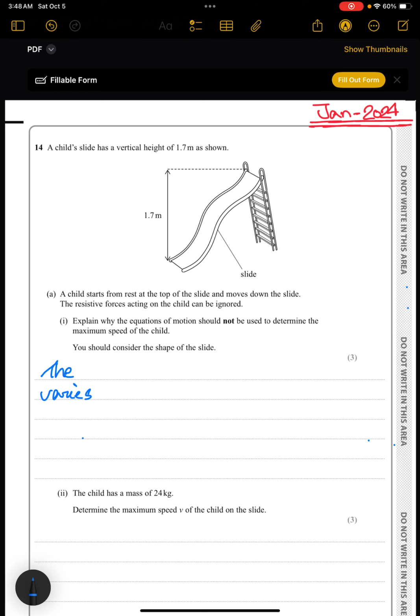The gradient or steepness of the slide varies.